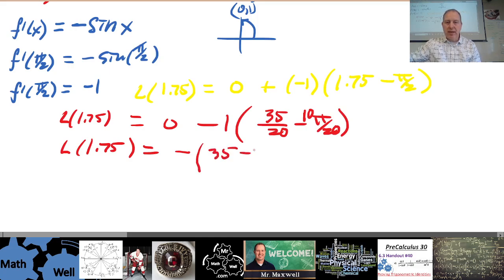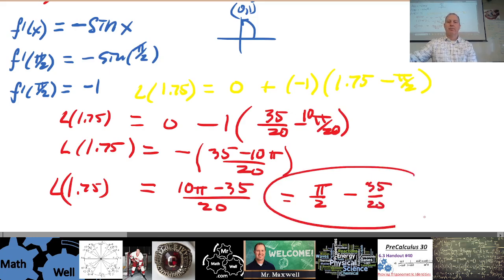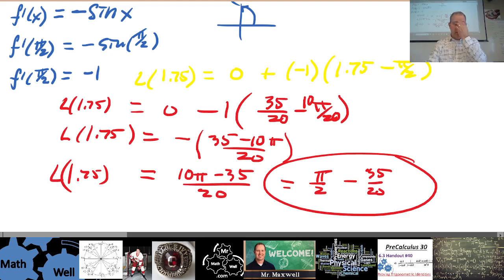So 35 minus 10 pi over 20, negative, so positive 10 pi minus 35 over 20. Or you could do pi over 2 minus 35 over 20, I guess. Okay, we need to check that now. So that appears to be the correct answer.